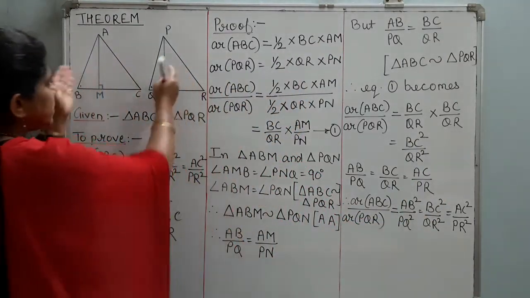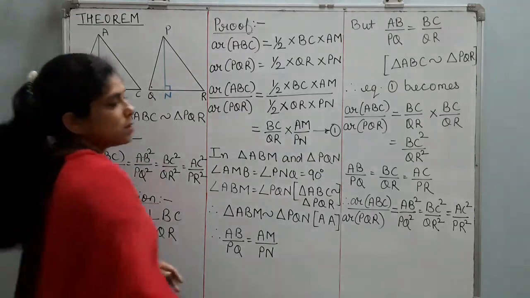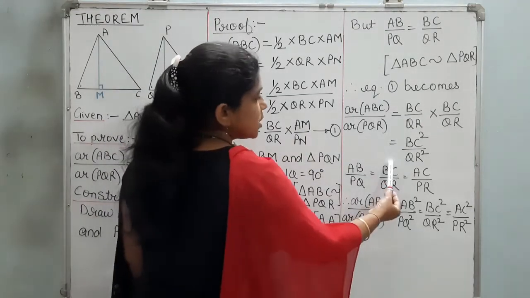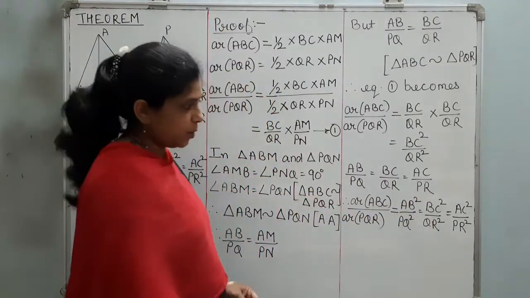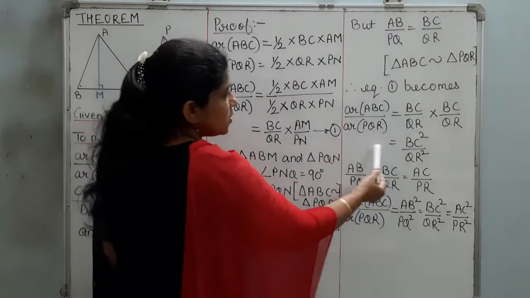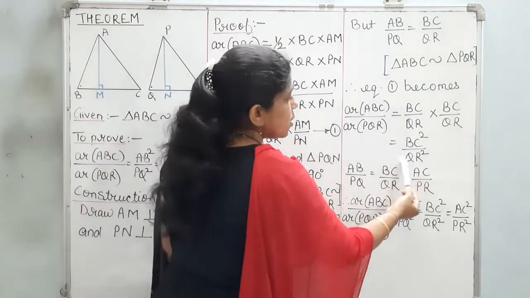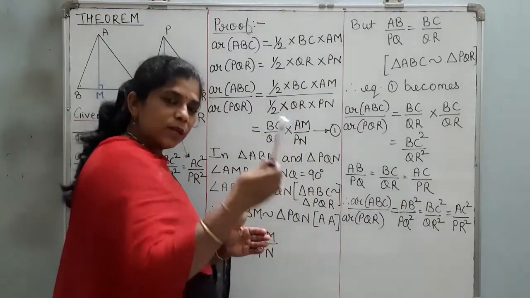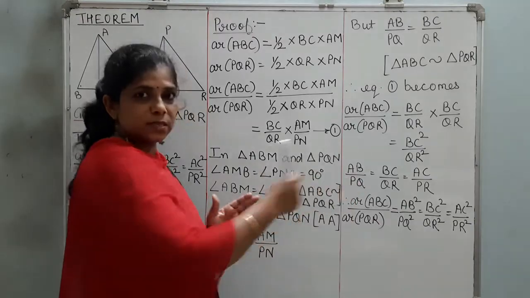But as these two triangles are similar, all three sides are proportional. Means AB upon PQ is equal to BC upon QR is equal to AC upon PR. So if the ratio of the areas is BC square upon QR square, it is also equal to the squares of the ratio of the other sides.